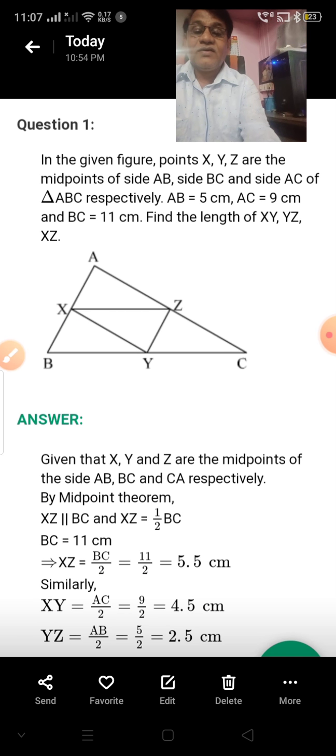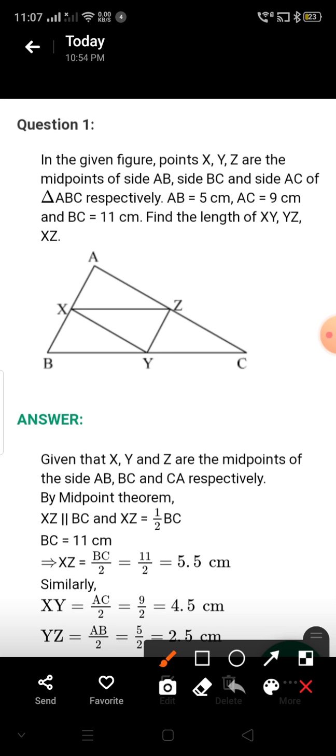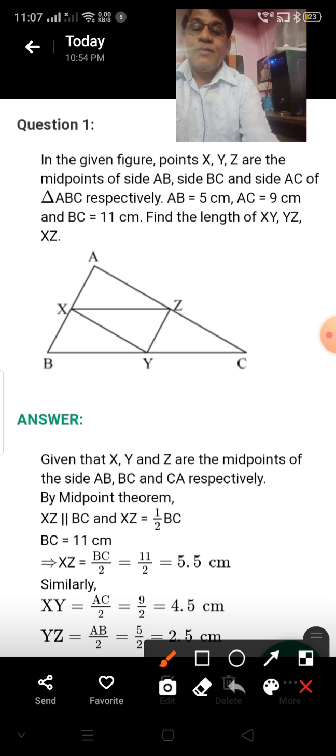AB is 5, so 5 by 2 means 2.5 centimeters. So in this way you can get the measure of all the sides, XZ, XY and YZ. Okay, so you get the measure of all the sides, right?